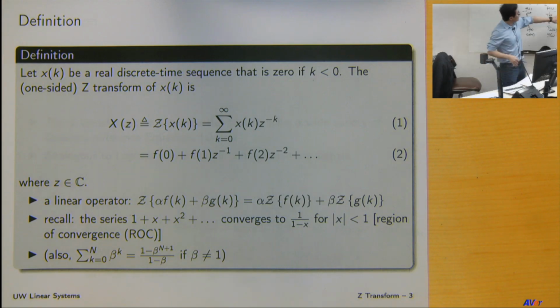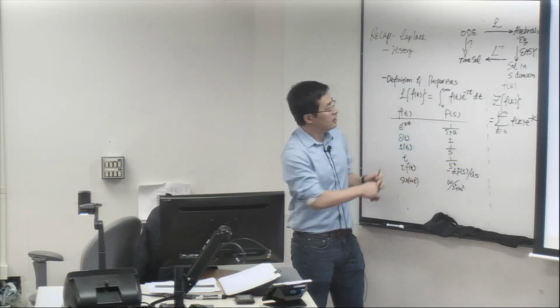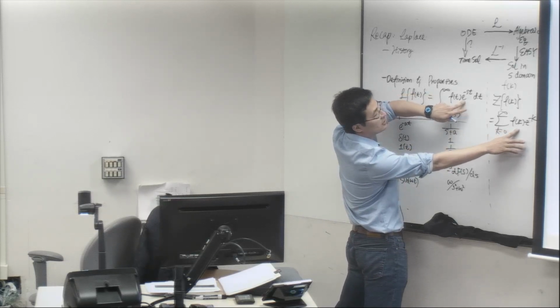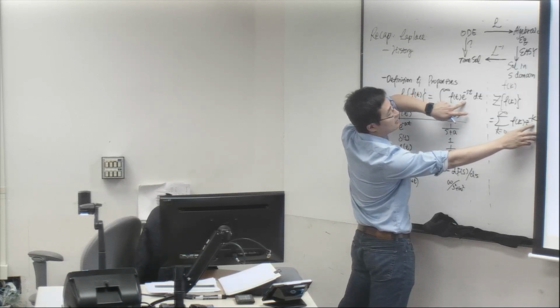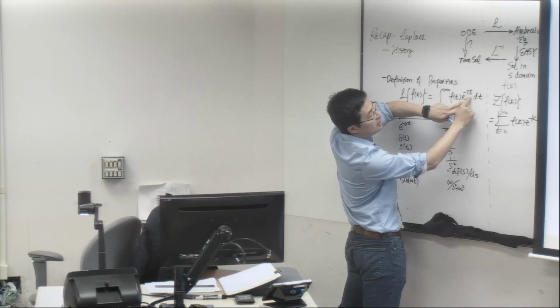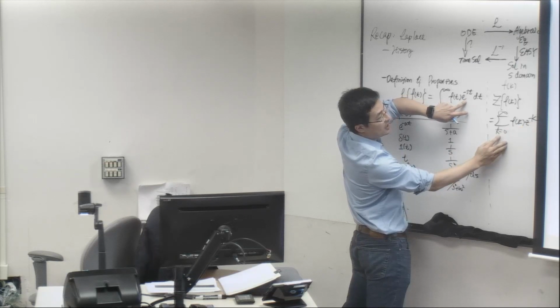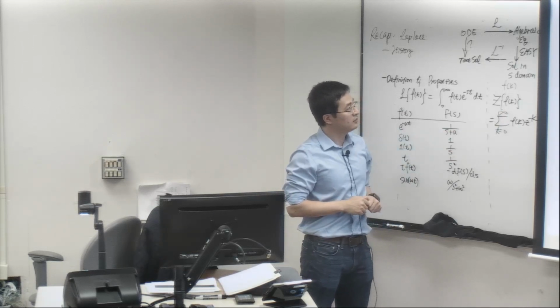It is because the sequence is discrete, so the notion of integration over a discrete sequence is not sound. We have summation instead. It is the summation of the sequence times also some term that has a power element inside. Before, this was e to the power of negative st; now this is z to the power of negative k, and we are summing over k, going from 0 to infinity for the sequence.